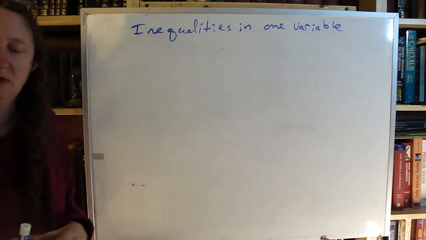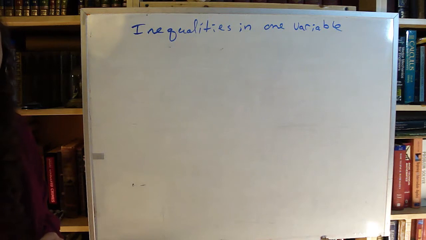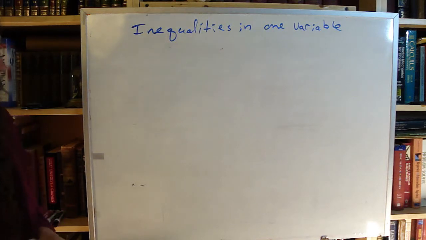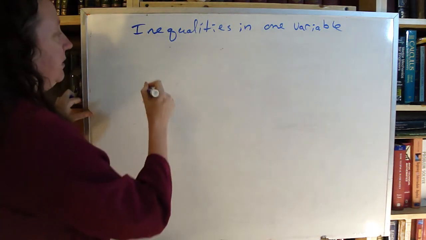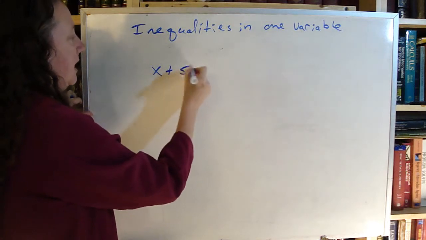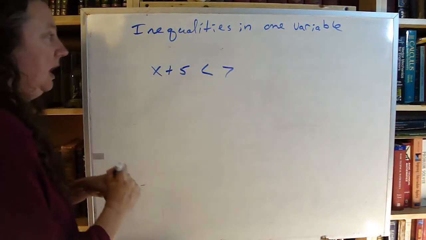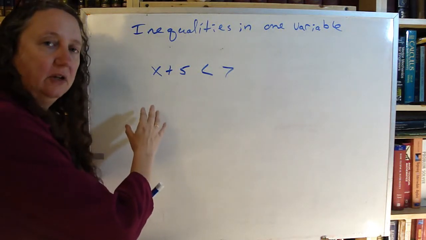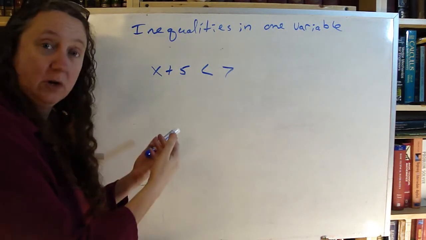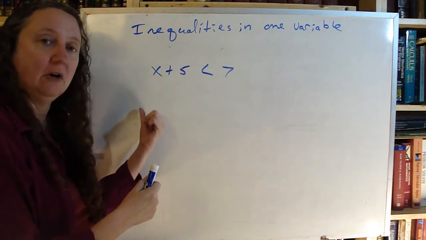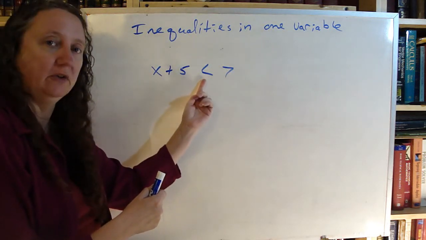Next up, the addition property with inequalities. So if you have something like x plus 5 is less than 7, and you want to find out what x is, that means solve for it, you want to get it all by itself on one side of the inequality symbol.